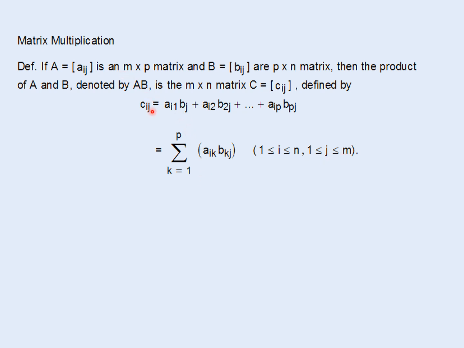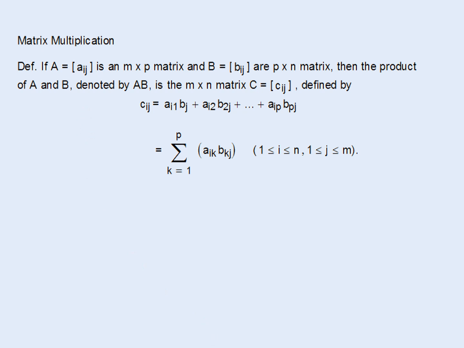Alright, so to find the element Cij of the resulting matrix, we multiply the elements of the ith row of A correspondingly to the elements of column j of B. So if you want to find the element C12, the elements of row 1 of A are multiplied correspondingly to the elements of column 2 of B. We do that for all i's from 1 to n and for all j's from 1 to m.